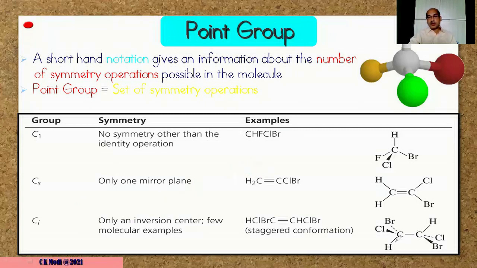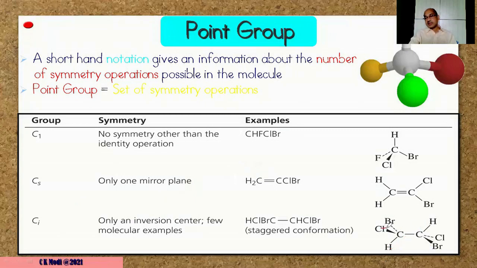Now here in this molecule, only one symmetry operation, that is i, is present. Look at this. If I start my journey from this bromine atom to the center, on the other side of the center I get the same atom, bromine, so i is present. If I start from this hydrogen to the center, on the other side of the center we get the same hydrogen.